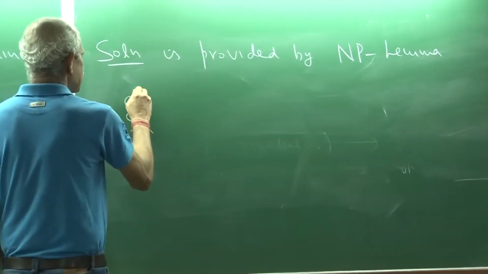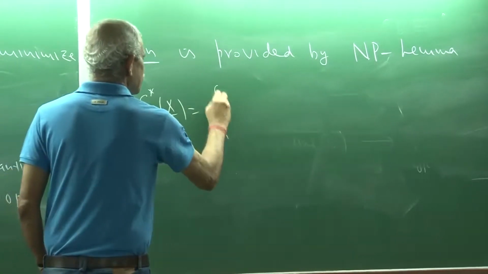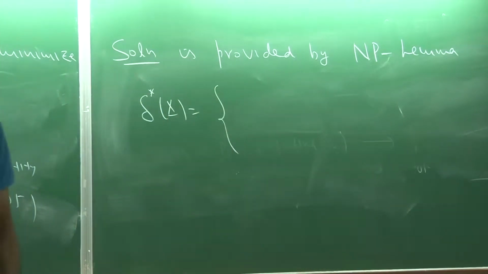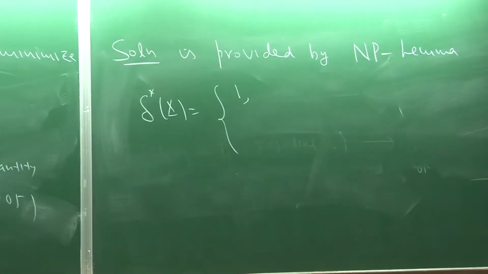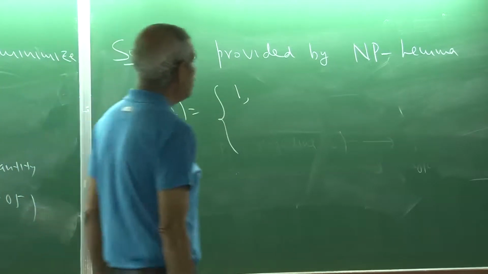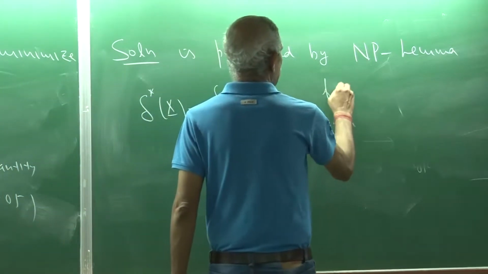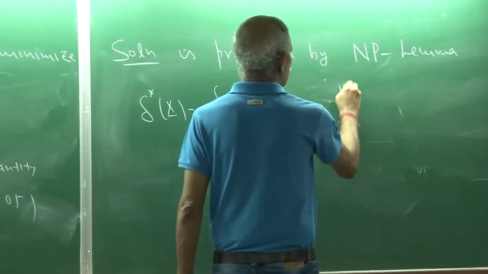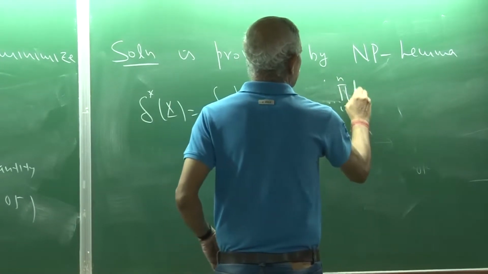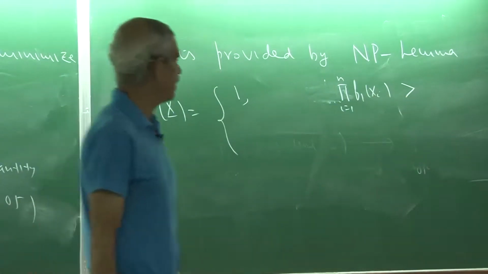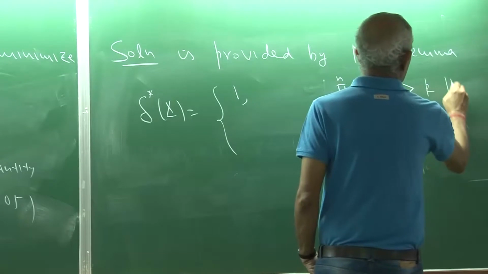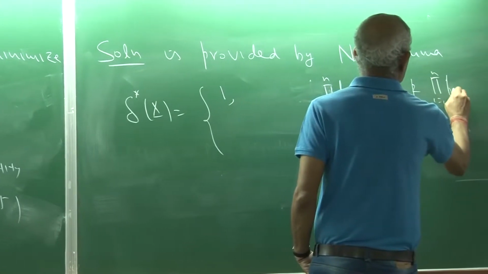Your decision rule delta star(x) should always reject H naught, so that means it will reject H naught with probability 1 if the product over i equal to 1 to n of f1(x_i), because they are IID, is greater than k times the product over i equal to 1 to n of f0(x_i).